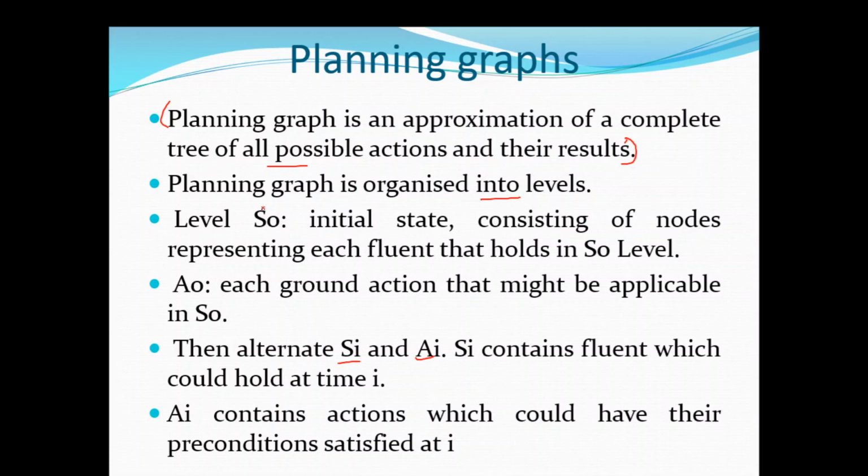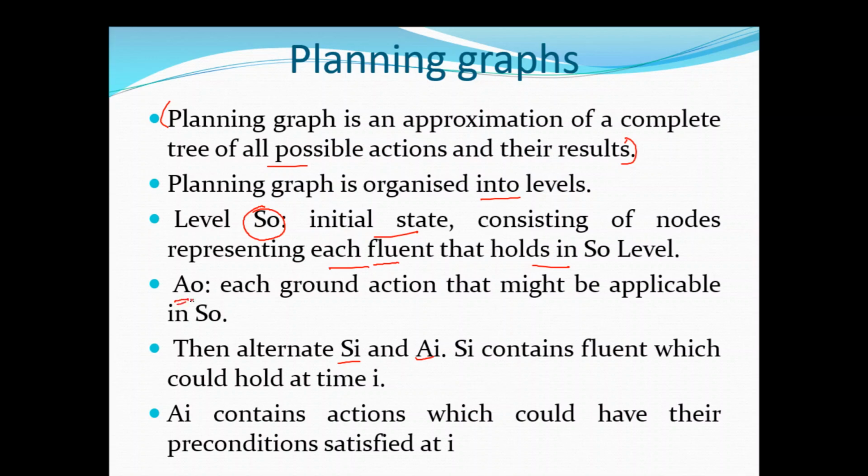The first level starts with S0, which represents the initial state, and this may consist of nodes representing the fluents that hold at level S0. Fluent means some atomic fact. So it represents the atomic facts that were true at the initial state.